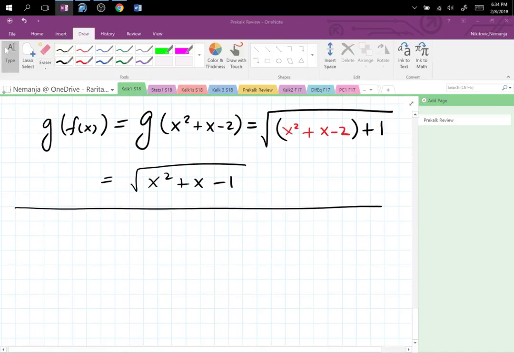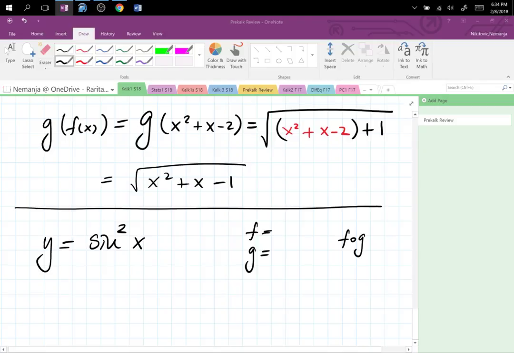So if I am to give you a function, y equals, let's say, sine squared of x, I would like to know what's function f, what's function g, so that when you compose f with g, you get sine squared x.